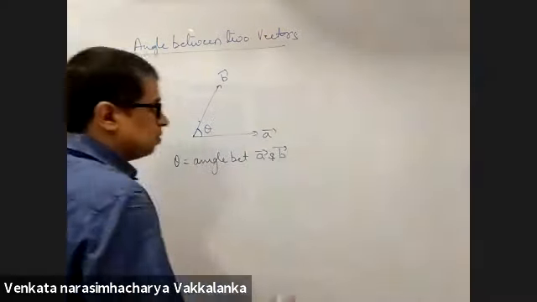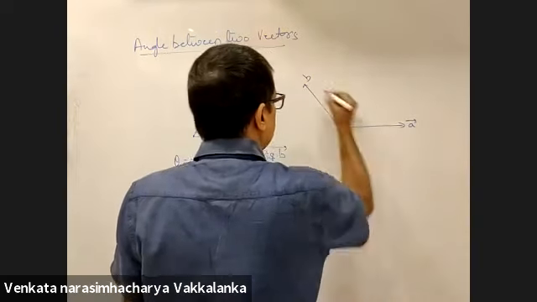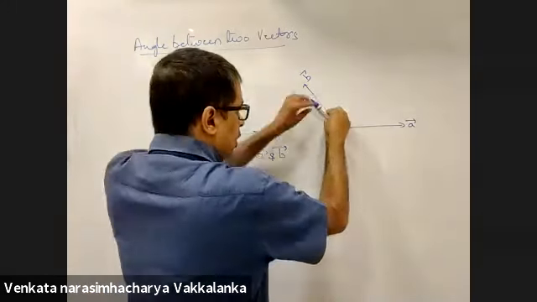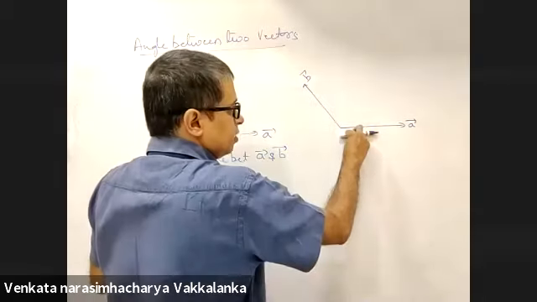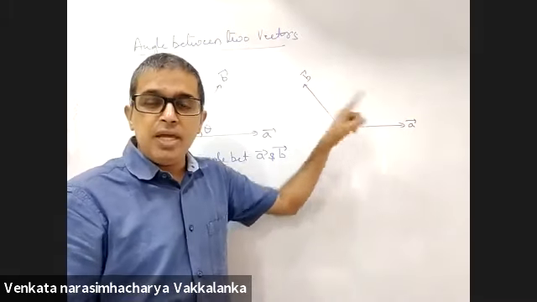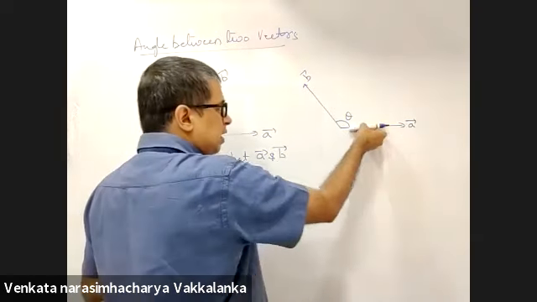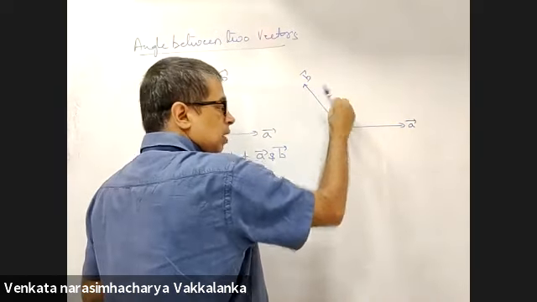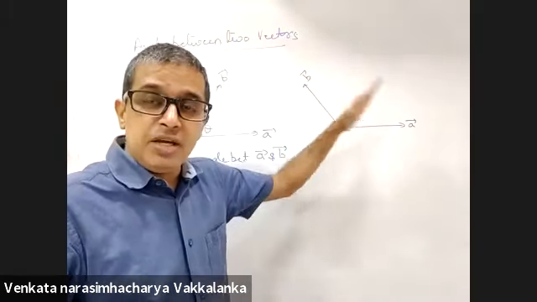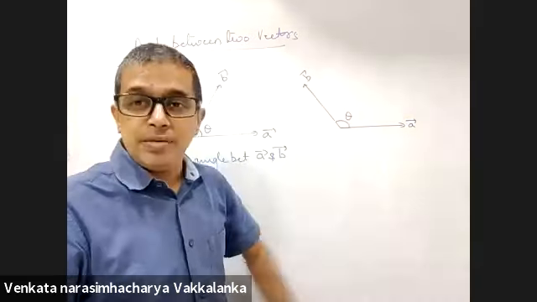For instance, if I consider this to be B and this to be A, now B can be rotated either this way or it can be rotated this way. So the smallest angle by which either B or A is rotated so that both are parallel. You may say even A can be rotated by this angle. The angle will be the same.